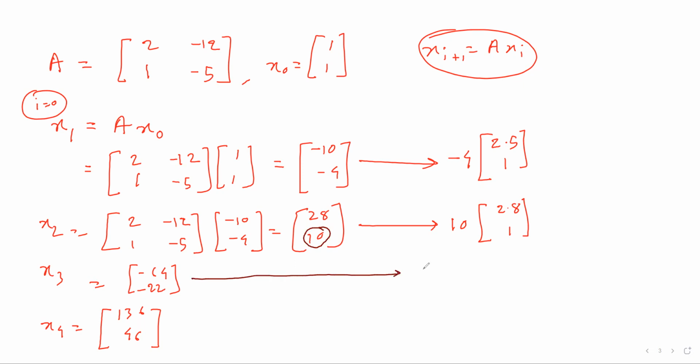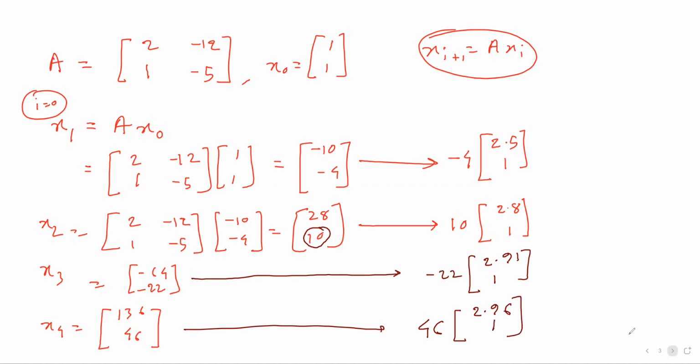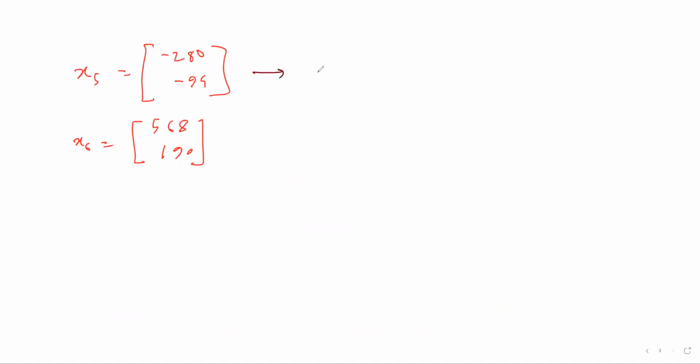So this becomes minus 22 times (2.911, 1). This becomes 46 times (2.98, sorry, 96, and 1). On the next page, this becomes, take minus 94 out. So we have 1 at the bottom, and on top we have 2.98.